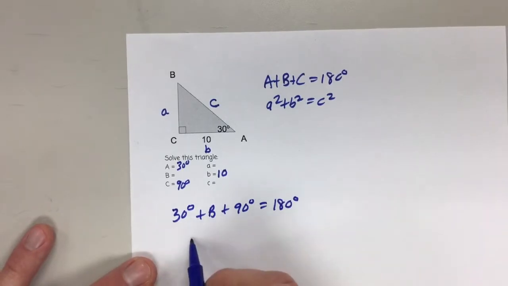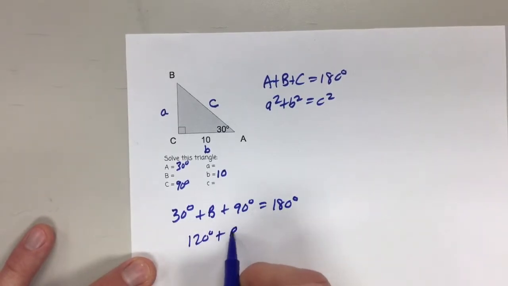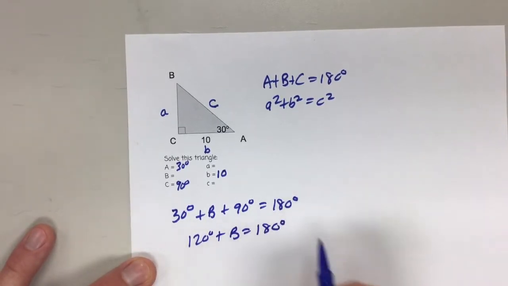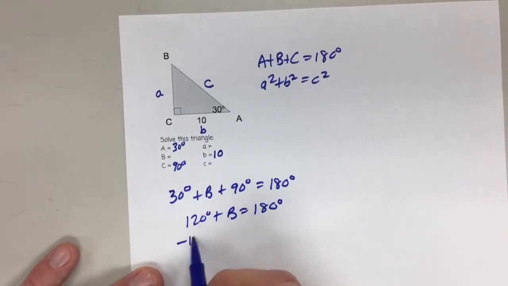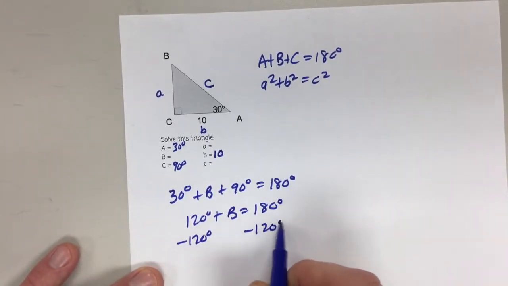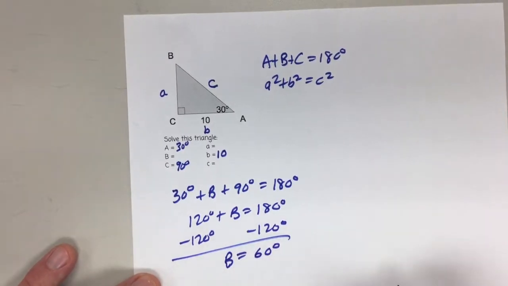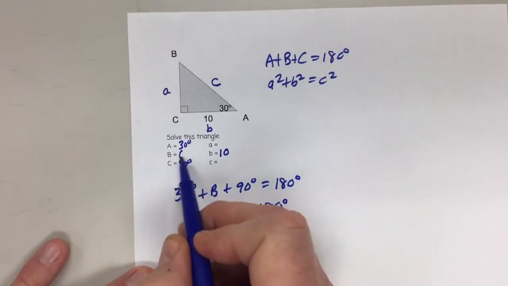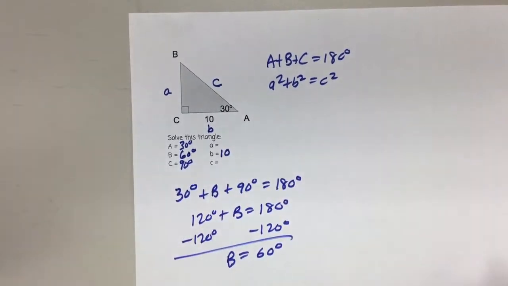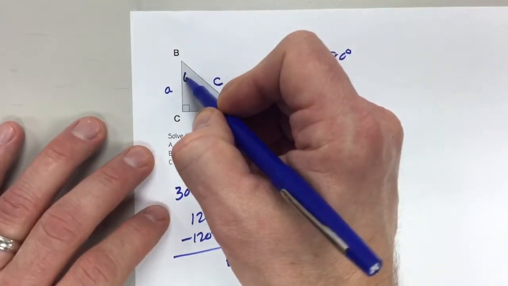So 90 and 30 is 120, so you should add those together first. And then to solve for B, I would subtract 120 from both sides. And I get B is 60. So I can write that up here. B is 60. And I even like to write it in the triangle itself too.